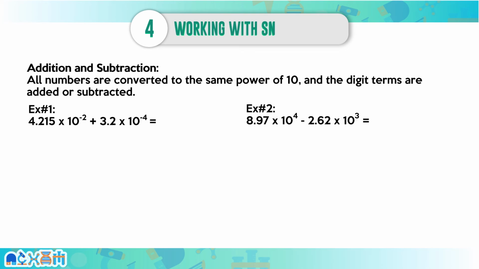For example, on example number 1, we have 4.215 times 10 to the negative 2 and we have times 10 to the negative 4. So what power of 10 would you use? Actually, it doesn't matter what power of ten you would like to use.